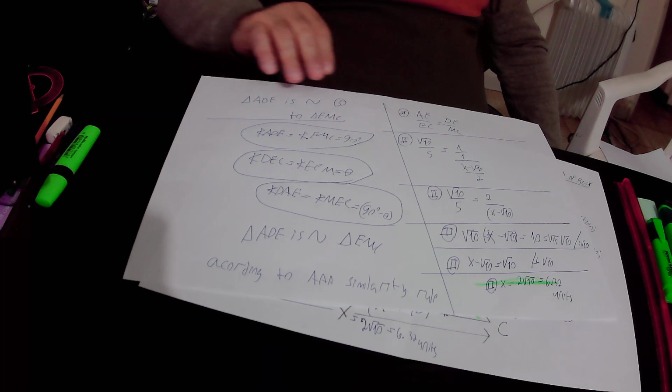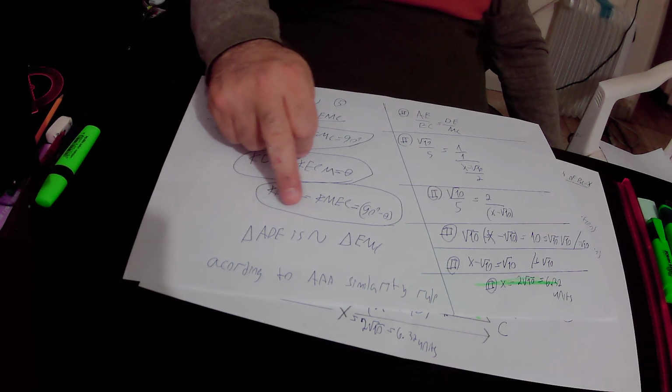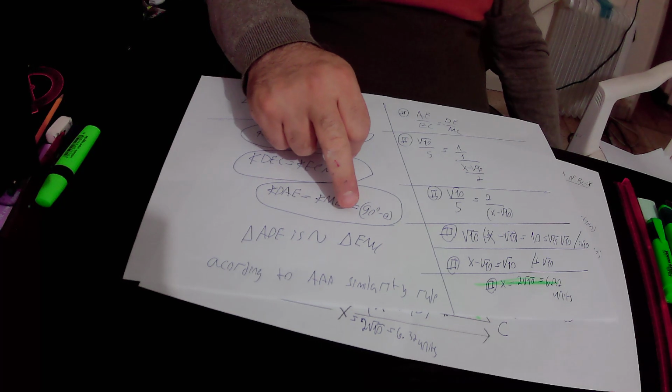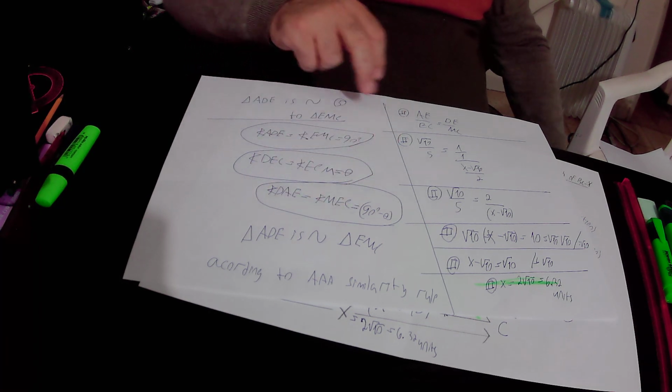Here triangle ADE is similar to triangle EMC according to the angle similarity rule.